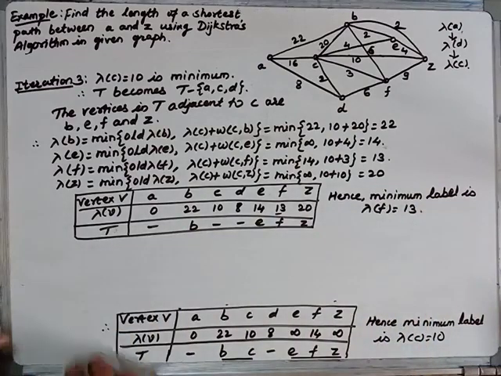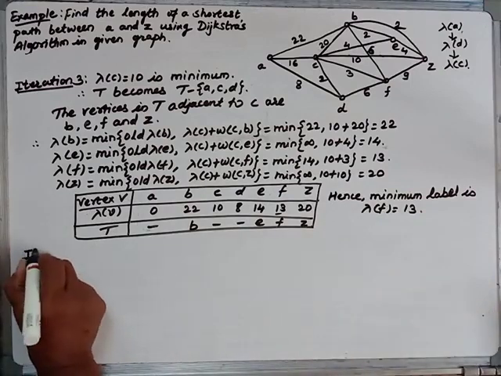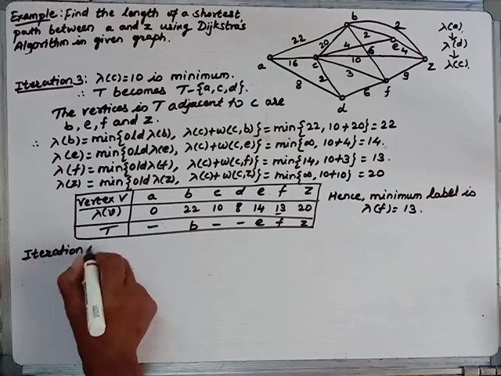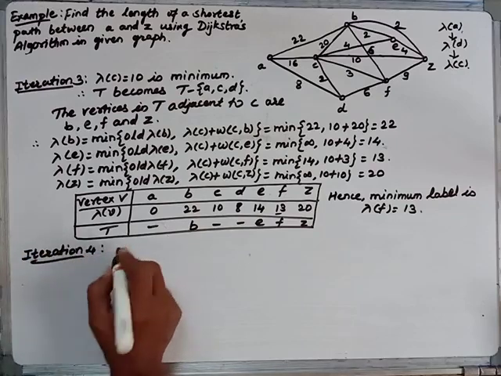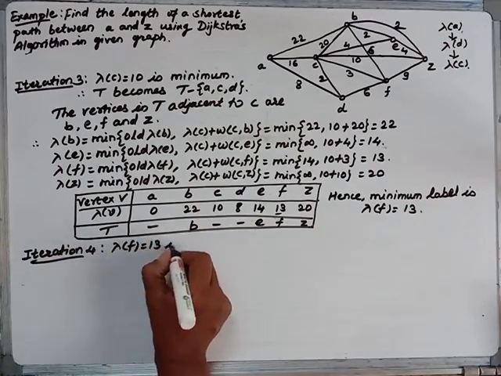Therefore our next iteration, iteration 4, is that lambda of F equal to 13 is minimum.